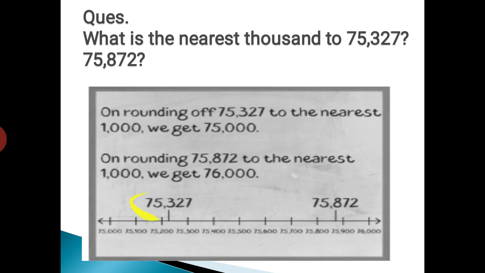Yes, this number is nearest to 75,000. So see, the answer is this only. And is the number 75,872 nearest to 75,000 or 76,000? Yes, it is closer to 76,000. So here the rounded off number is 76,000 only. So we can look at this number line also and just tell.